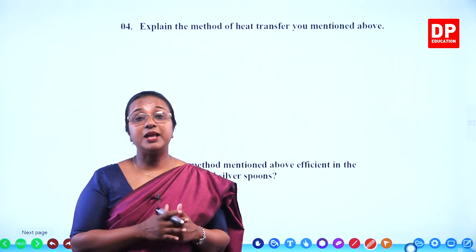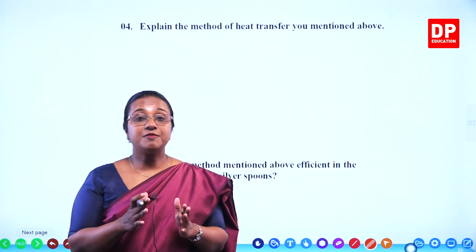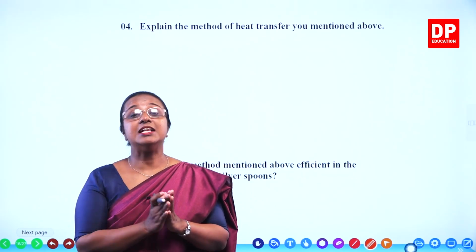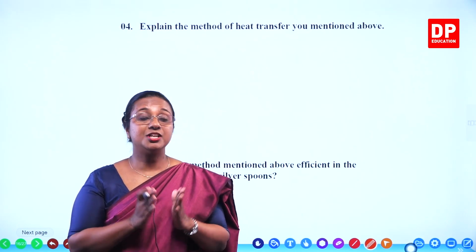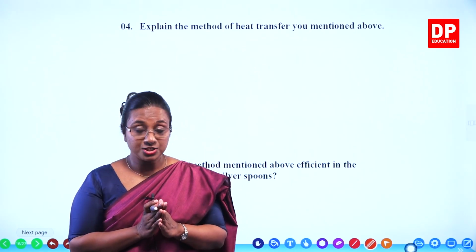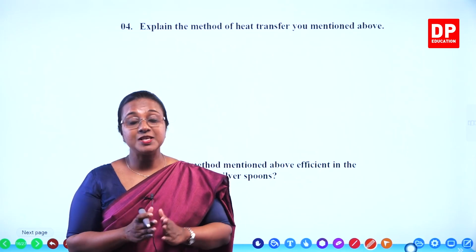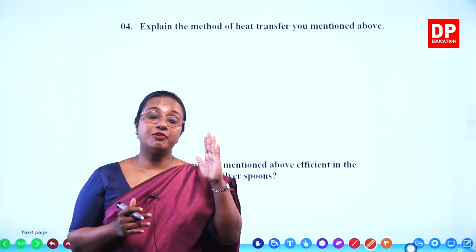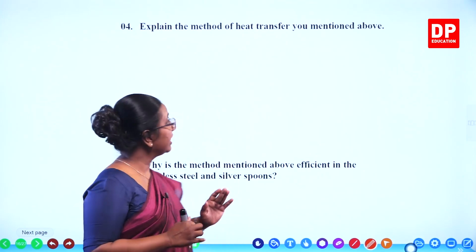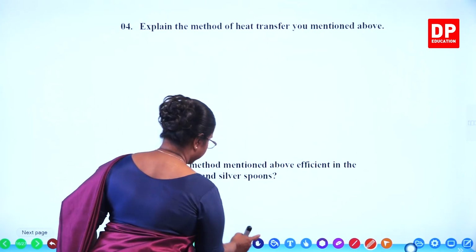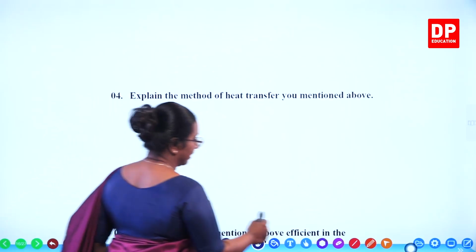They start vibrating faster. Because of that, they collide with the adjacent atoms. So, due to higher vibration and collision of constituent particles or atoms, heat is conducted from one end to the other end of the solid. So, that is the conduction process. That is what you have to explain here.